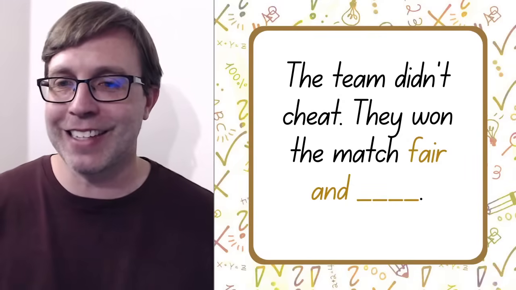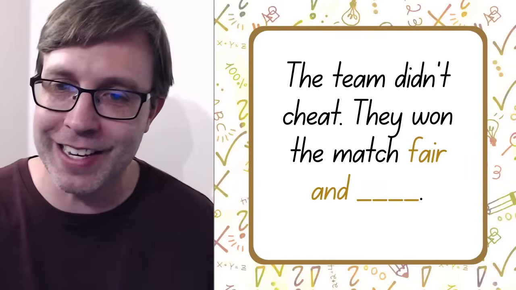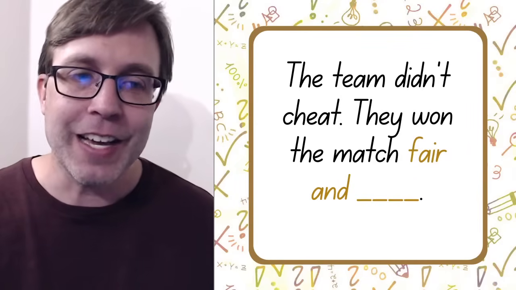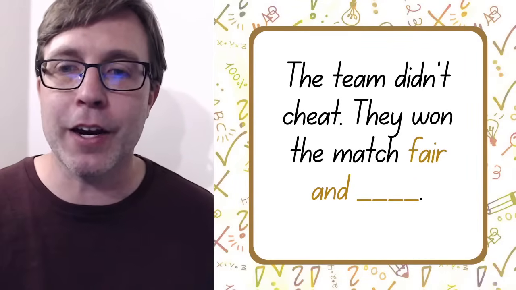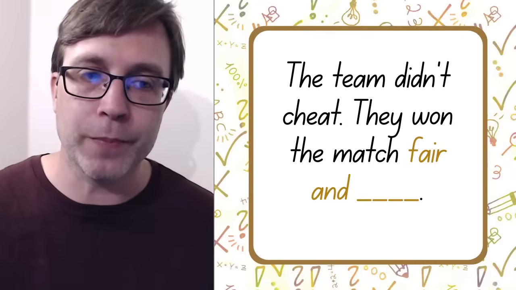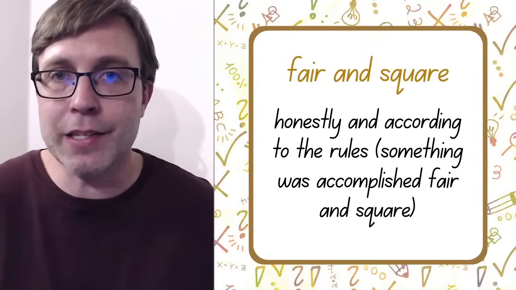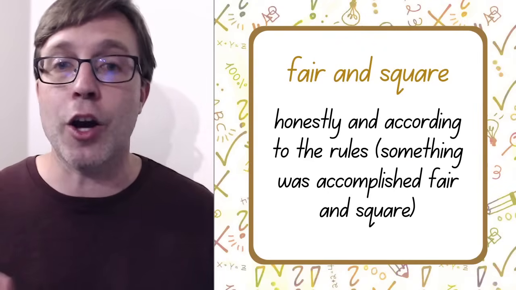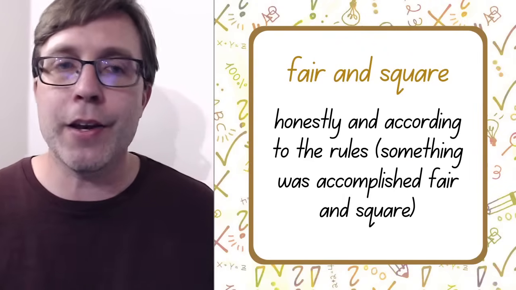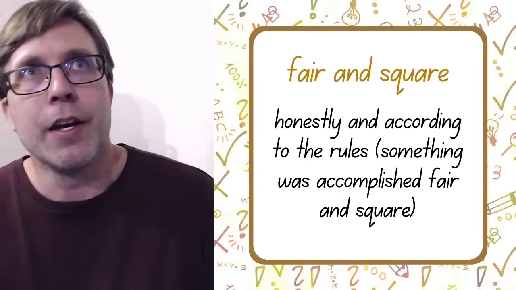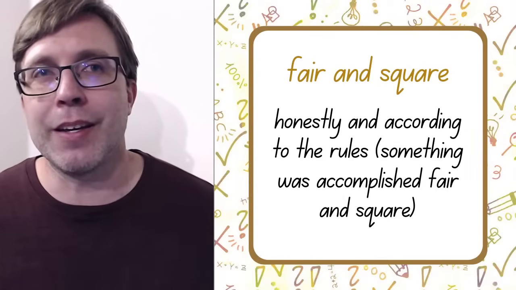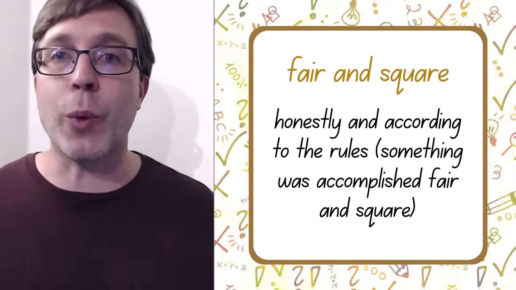Great job. Excellent. Sleepwalker, Anastasia, Zenat, Lolly. The binomial pair is fair and square. If you say that something is fair and square, it means that it is done honestly, according to the rules. Often you might use it in the context of winning.